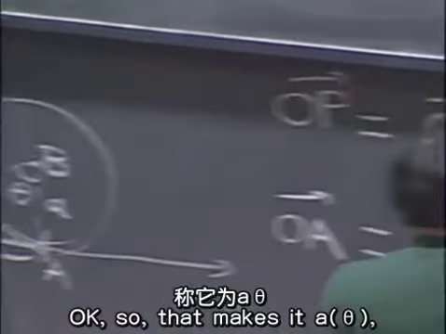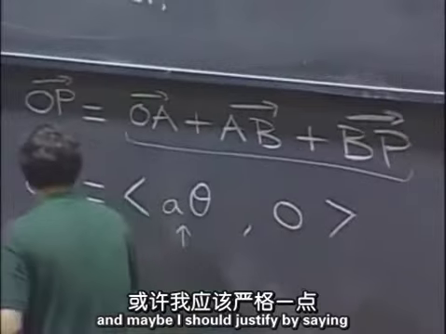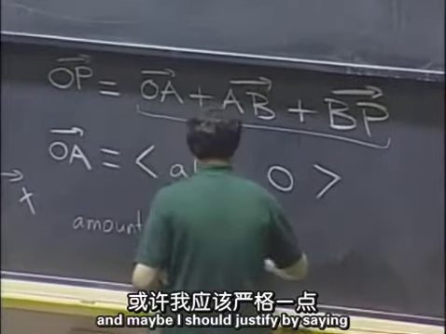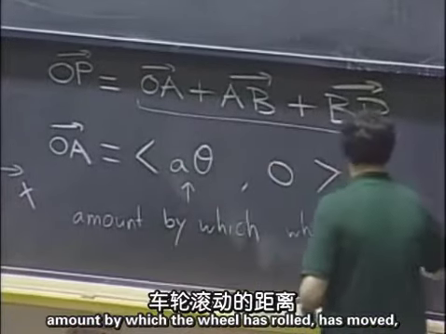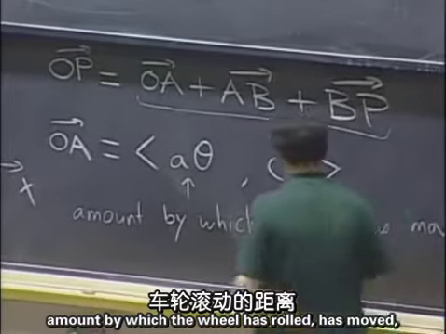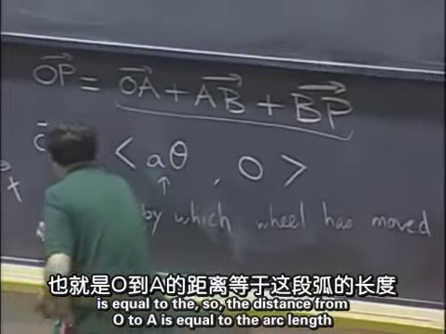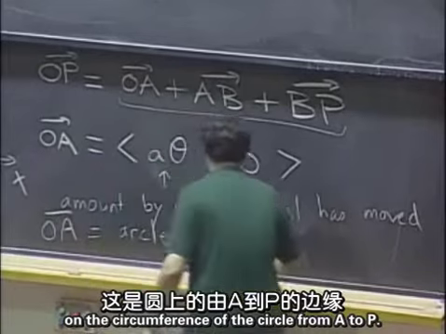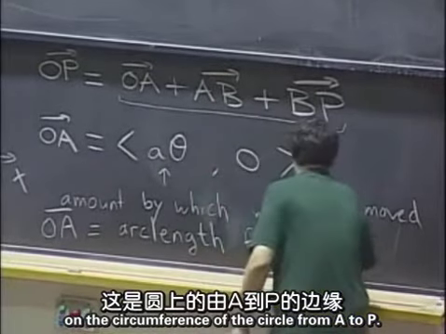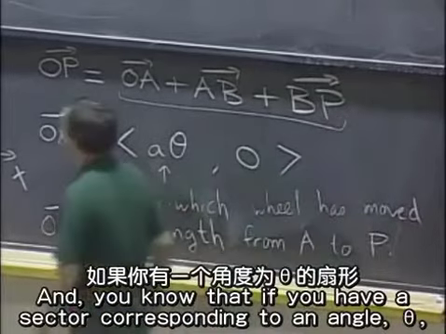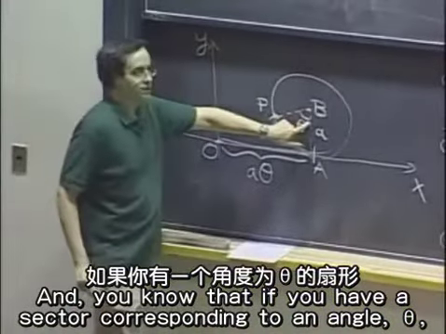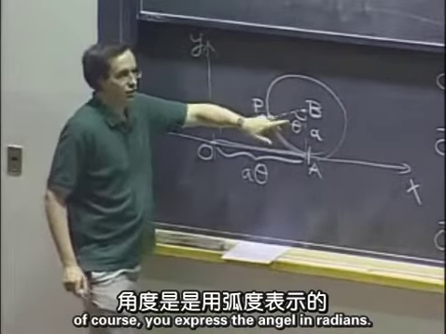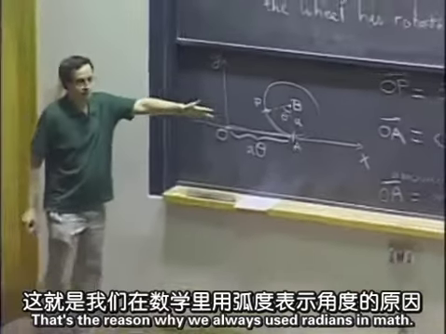So that makes it a theta, and maybe I should justify by saying the amount by which the wheel has rolled, has moved, is equal to, so the distance from O to A is equal to the arc length on the circumference of the circle from A to P. And you know that if you have a sector corresponding to an angle theta, then its length is A times theta, provided that, of course, you express the angle in radians. That's the reason why we always use radians in math.